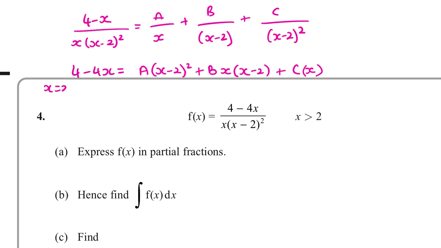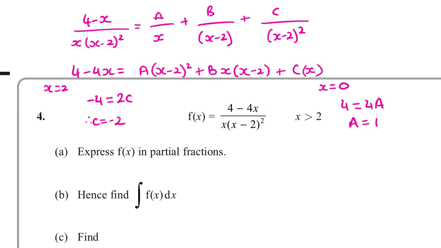Okay, so when x equals 2, we're going to have 4 minus 8 is minus 4 equals 2c. So therefore c equals negative 2. When x equals 0, I'm going to have 4 equals 4a. So a equals 1. And then with b, what we're going to do is equate coefficients.